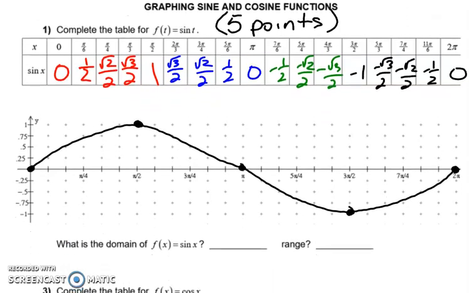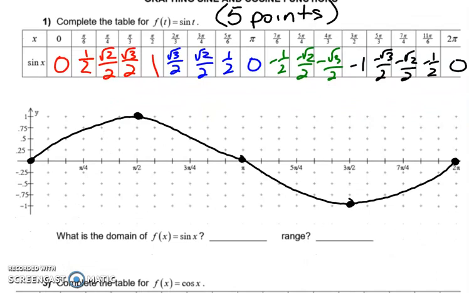So, as we talk about what our domain is for the sine of x, our domain is continuous. So it's going to go from negative infinity to infinity. It does not stop and start here. This keeps going. That keeps going. Okay?